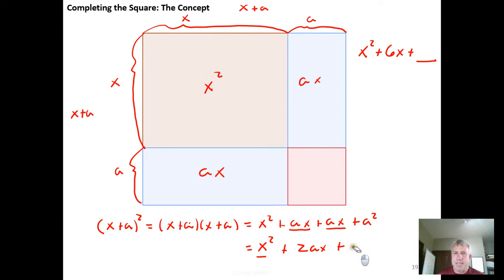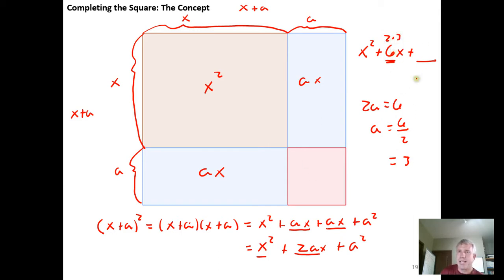If all I'm missing is the a squared term, what I want to realize is that the middle coefficient, the x to the first power coefficient, has to be twice the size of a. In other words, 2a needs to equal 6. To solve for a, I just divide both sides by 2 and I get 3.